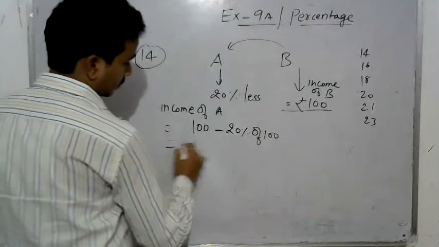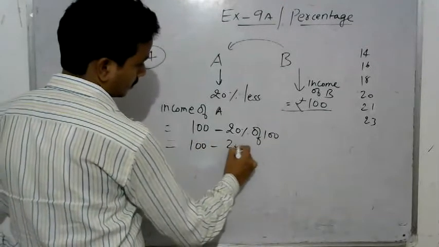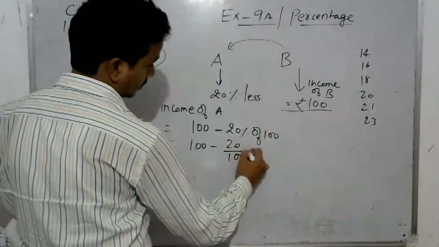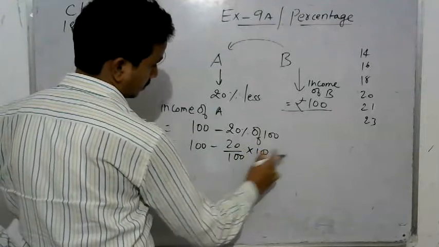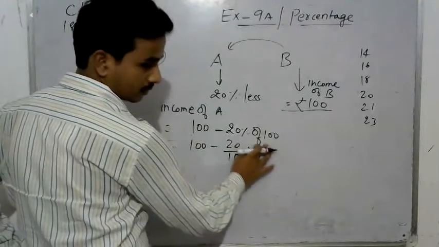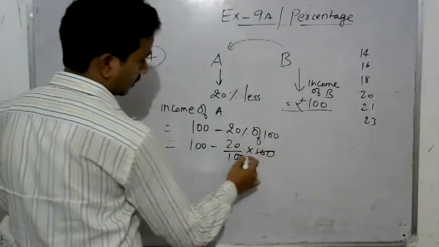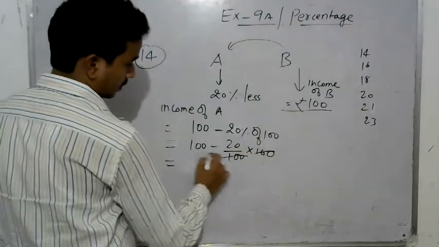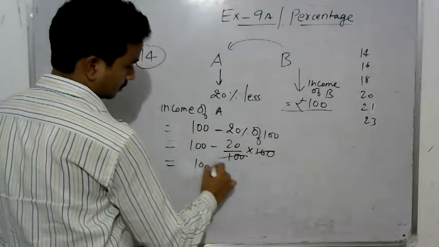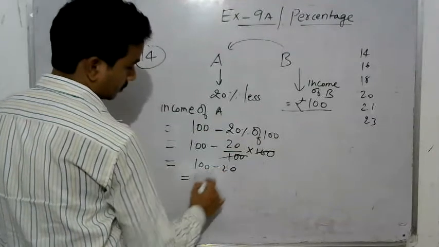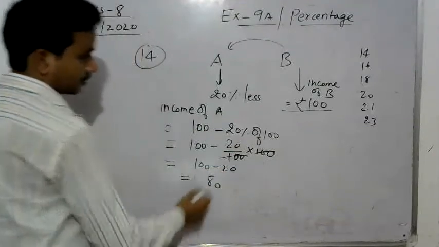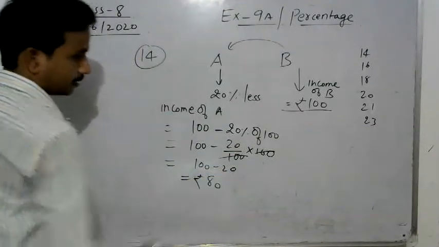Now 100 minus 20 by 100 into 100. Here 100 and 100 will cancel, so 100 minus 20 will be equal to 80. So A's income will be rupees 80.